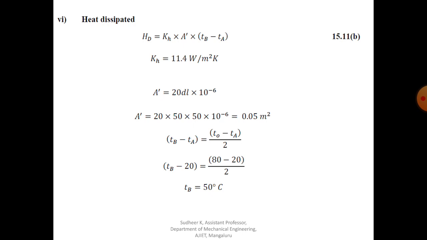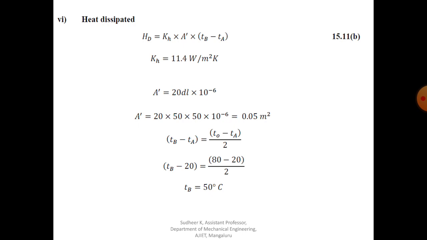So you can use 14.4 joule per second meter square degree Celsius for air. Similarly, for other conditions they have given values. If they have not mentioned any condition, you can always select this value for your calculation. Then A dash is nothing but the exposed area of the bearing housing, which should always be in meter square.